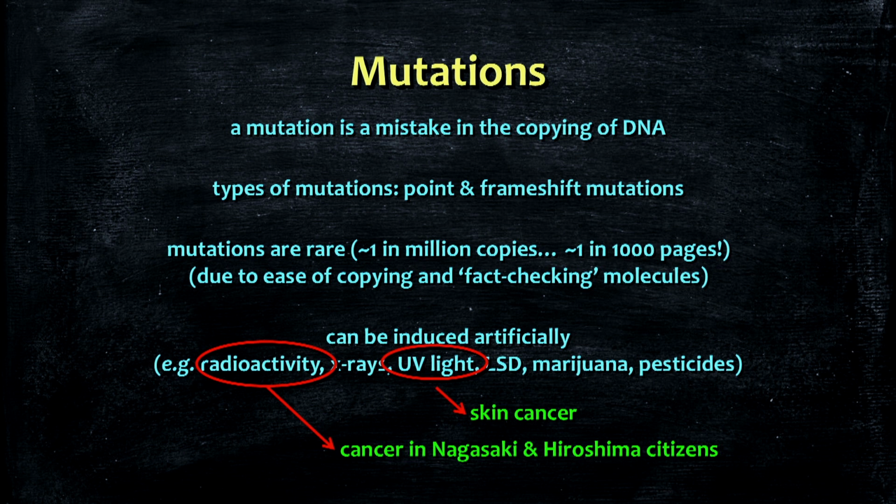We saw that in the case of Nagasaki and Hiroshima, where the atom bomb was dropped on those particular cities, and people years later would actually form cancer in various cells of the body because of the radioactivity. At the dropping of the bomb, it produced mutations that ultimately led to cancer.